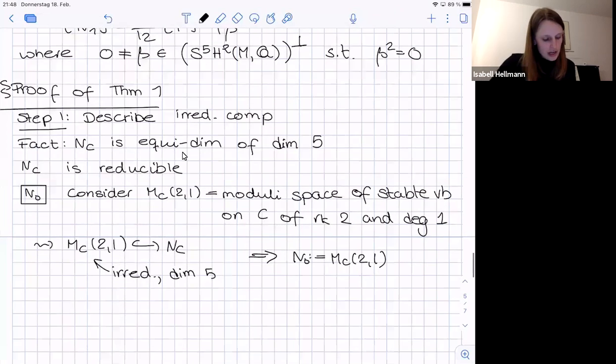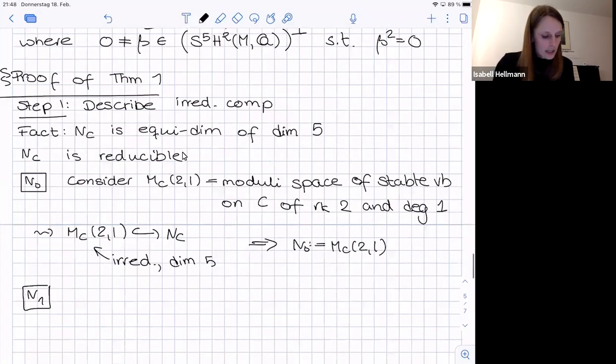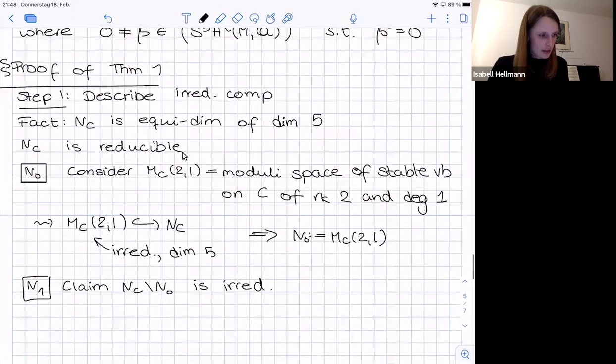Okay, but of course there are more sheaves that are rank 1 on C, but may have torsion. And what I claim here is that actually these form an irreducible component as well. So the remaining space is irreducible.